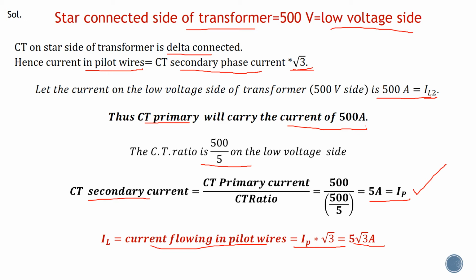Also, for normal operation, the current flowing in the pilot wires from both sides should be the same. Hence, this will also be the CT secondary current of your delta connected side of the transformer CT.